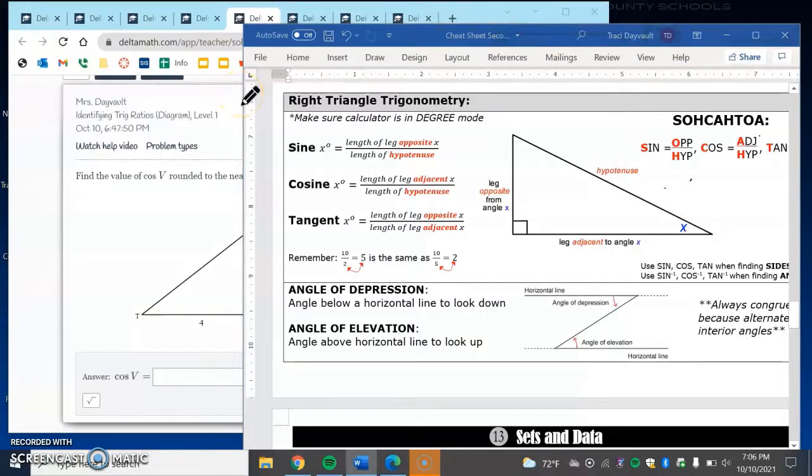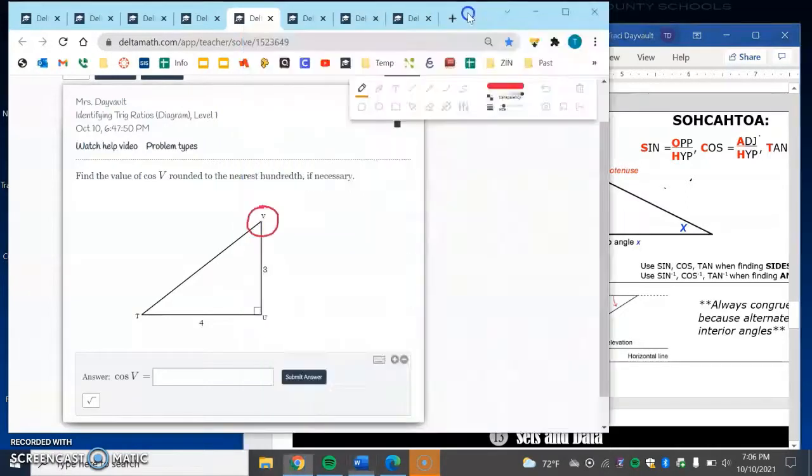All right, so looking back at this triangle, the side that is adjacent to V, but not the hypotenuse, would be this side right here. The hypotenuse is also adjacent, but the adjacent that we're using here is the side that's beside it, but not the hypotenuse.